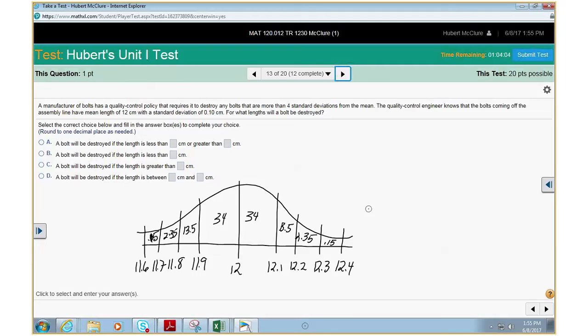Now it says a manufacturer of bolts has a quality control policy that requires it to destroy any bolts that are more, so out here, which is going to pretty much be 0. Because this is 99, isn't this, let's see, add that up to 68.